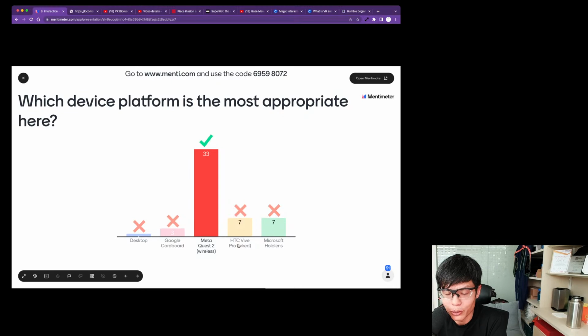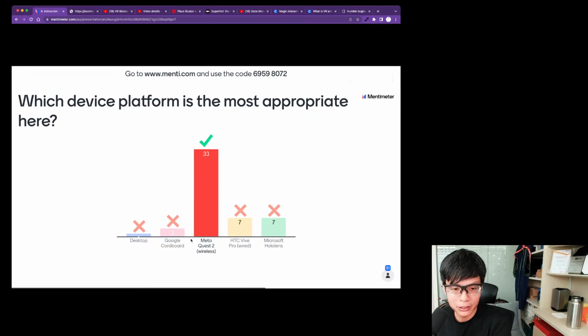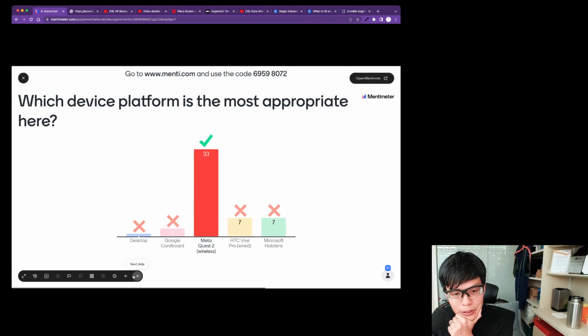Otherwise, you need to push a tethered PC around if you're using HTC Vive Pro. Okay, long explanation because there are just many factors of consideration when you are deciding on a certain device platform, which is important, with the knowledge that we learned this week on the mechanics.